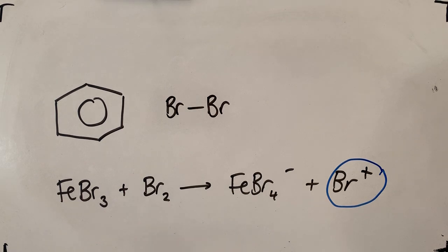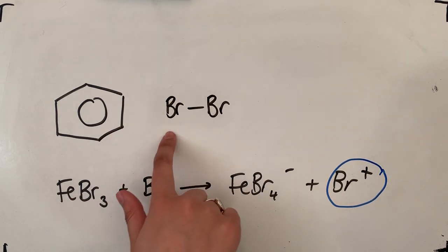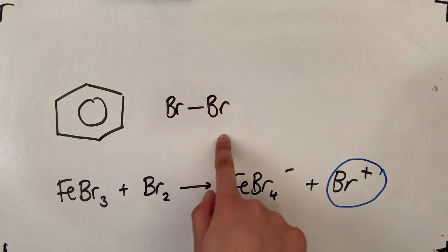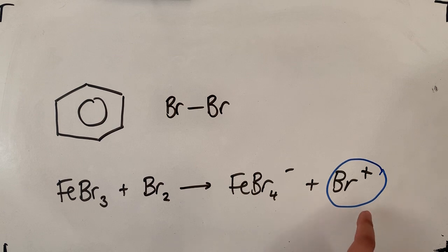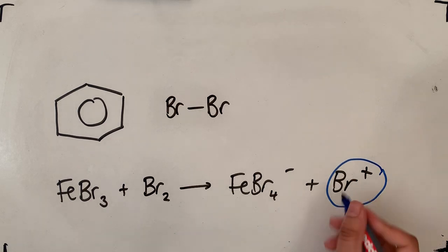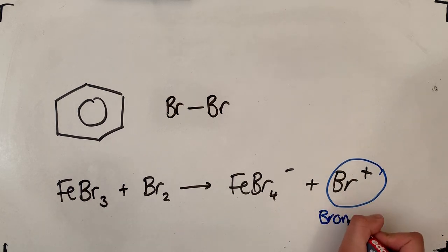And this is electrophilic enough to react with that. So rather than benzene reacting with that bromine molecule where it can't induce a dipole, now in the first step of the mechanism, using the halogen carrier, we produce this bromonium ion.